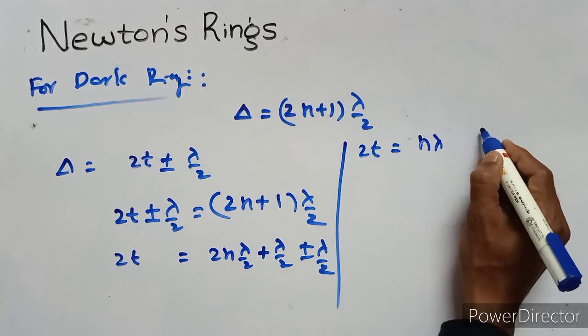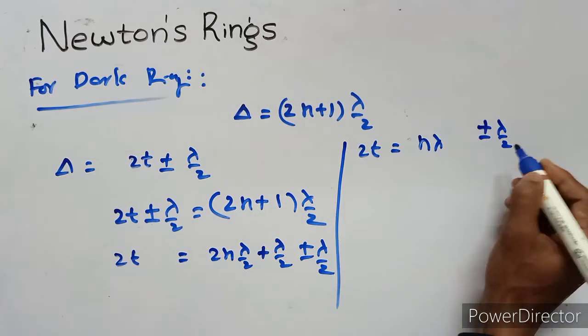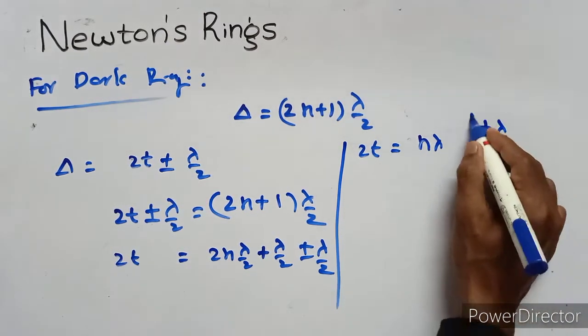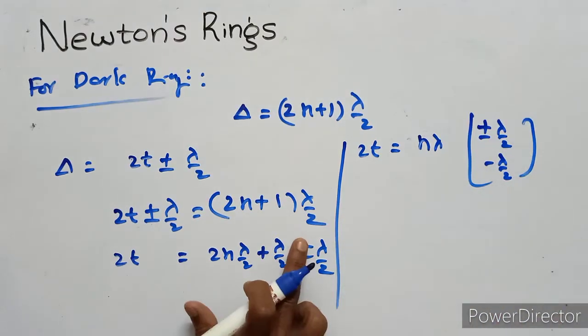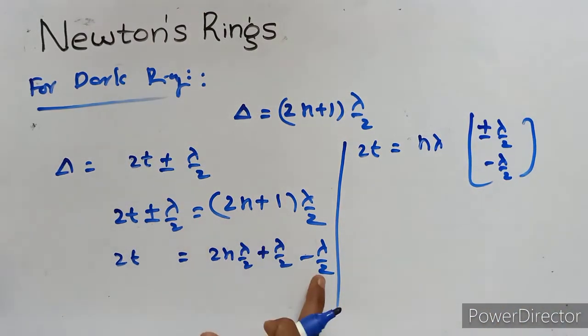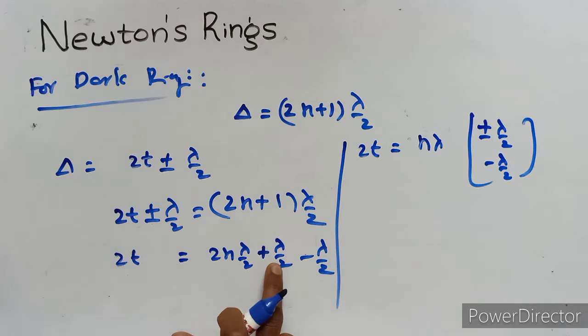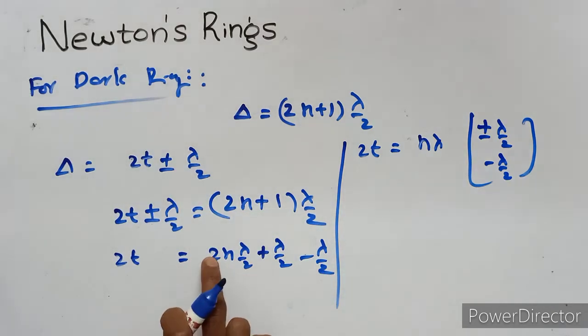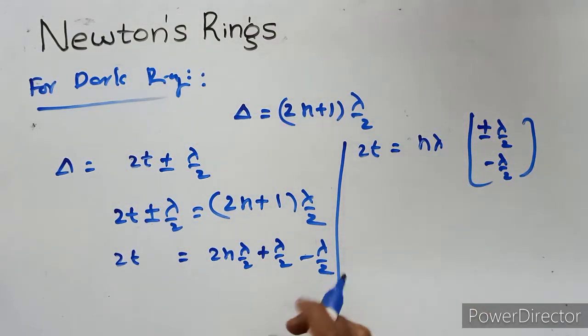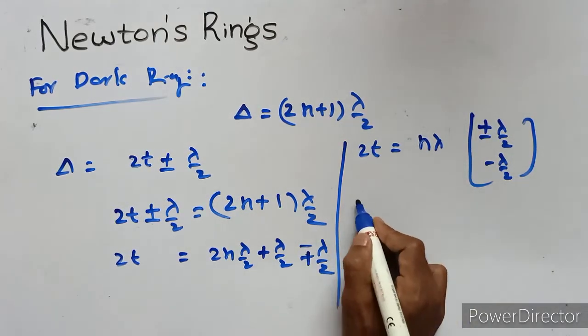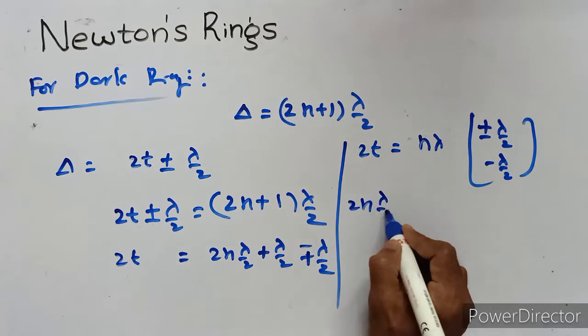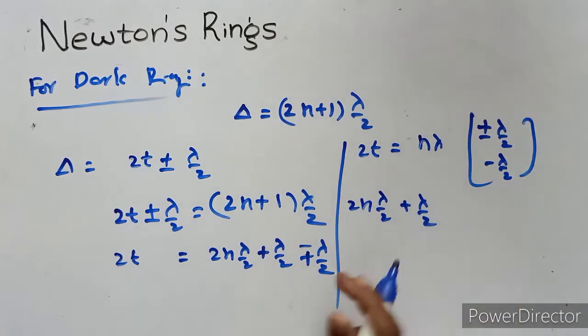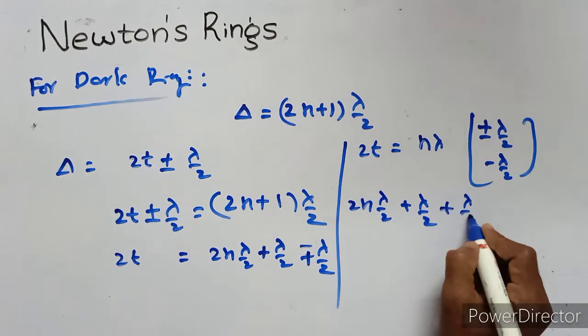For 2n lambda upon 2 plus lambda upon 2, we take only plus lambda upon 2.